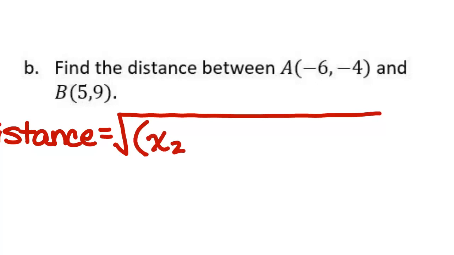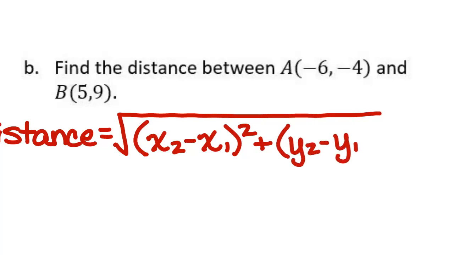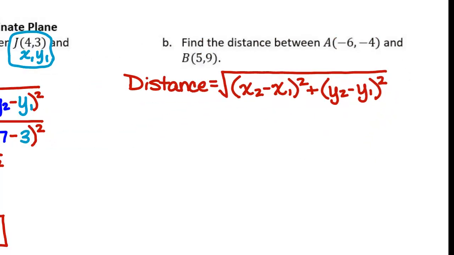Inside parentheses, x2 minus x1. Close my parentheses and square it. Plus parentheses, y2 minus y1. Close my parentheses and square it.